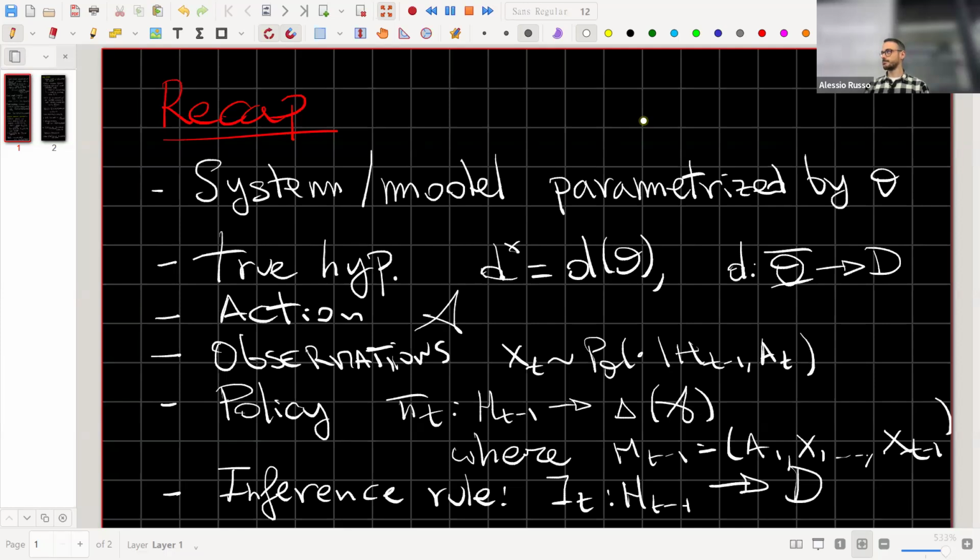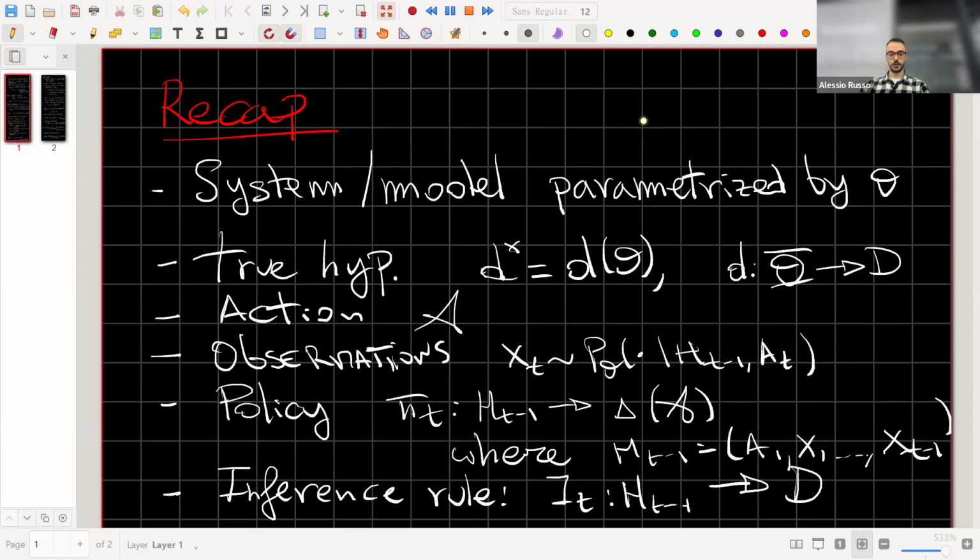So there is a lot of notation, unfortunately, but here we represent a system by some parameter theta. So a system for us is a data generation mechanism, and you can see it here. So this p theta represents the distribution of what you observe. So the observation at time t will be distributed according to some distribution p theta conditioned on all the past data.